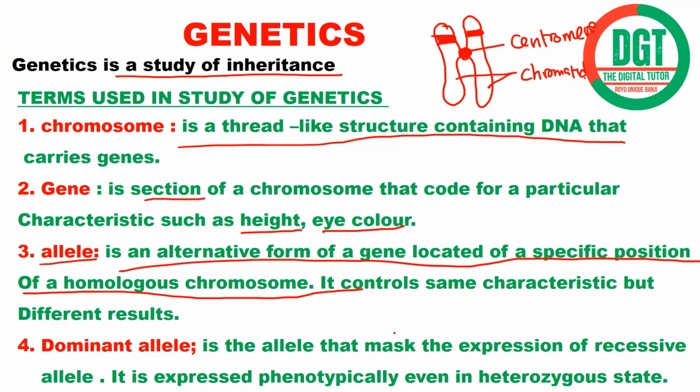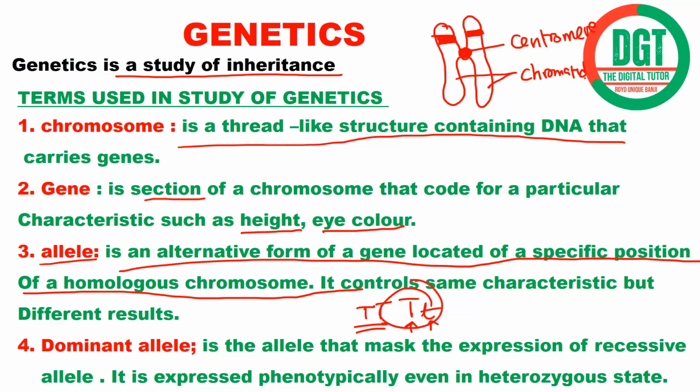It can be the characteristic of a gene, let's say of eye color. This exists in two forms. An alternative form of a gene located at a specific position of a homologous chromosome is what we call an allele. And this controls the same characteristic but produces different results. For example, if you have the gene for tallness, that is height, if you are tall, it can be that you are homozygous tall, that is capital letter T, then we use T, or heterozygous, where you have the tall and of course the short one.